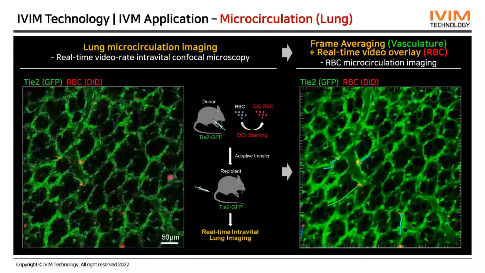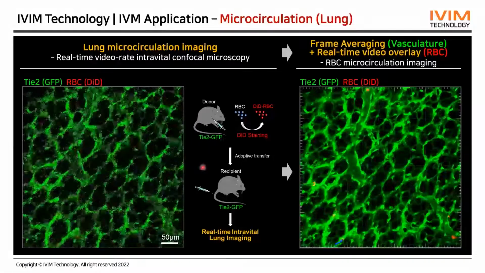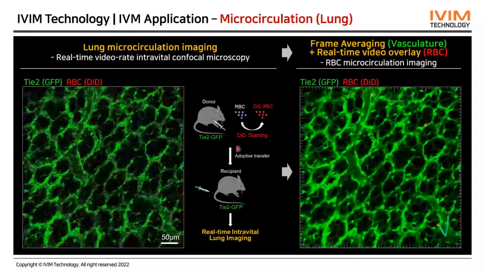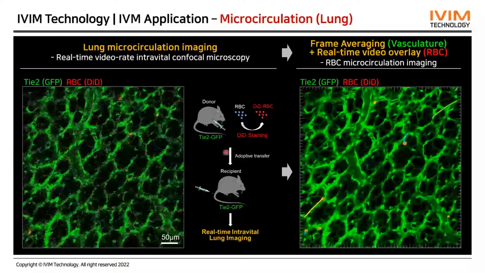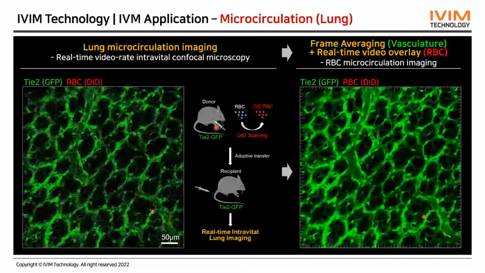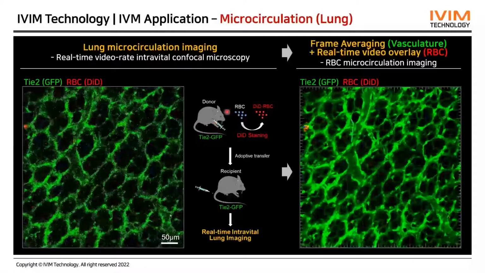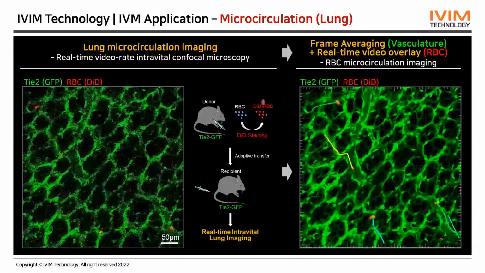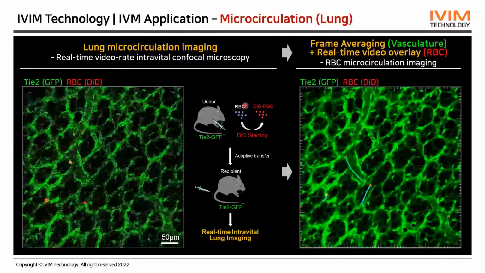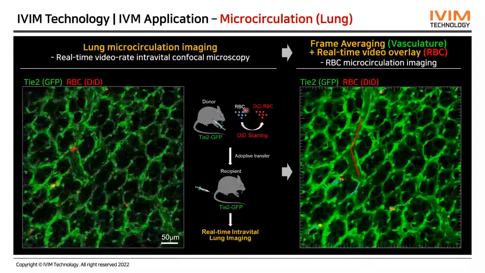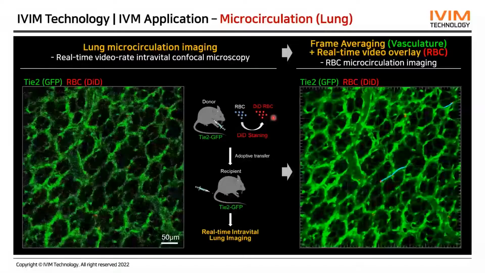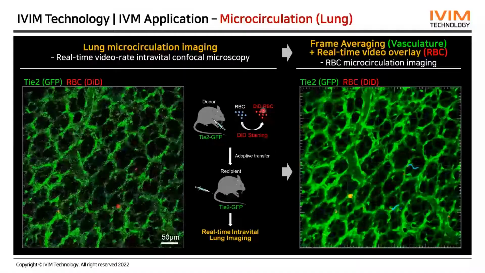And this is one of the in vivo imaging examples we acquired from the healthy mouse model. We utilize a type 2 GFP mouse model to visualize the vasculature. For RBC flow analysis, we adoptively transferred red blood cells, which were selectively labeled with the DiD dye.